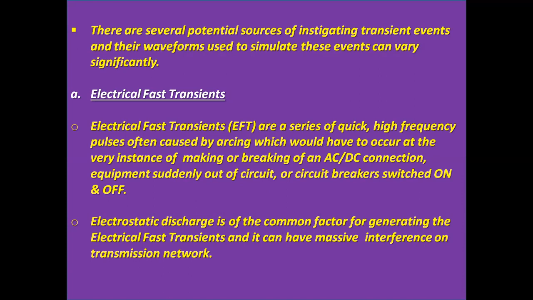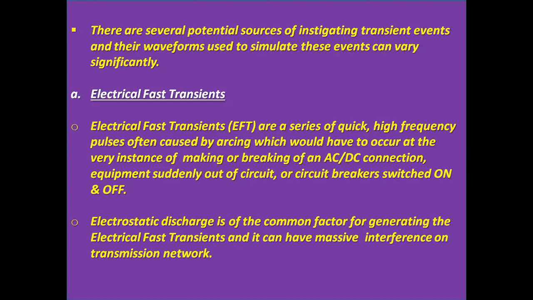Electrical fast transients, that is EFT, are a series of quick high frequency pulses often caused by arcing, which would occur at the very instant of making or breaking of an AC or DC connection, equipment suddenly out of circuit, or circuit breakers switched on and off.